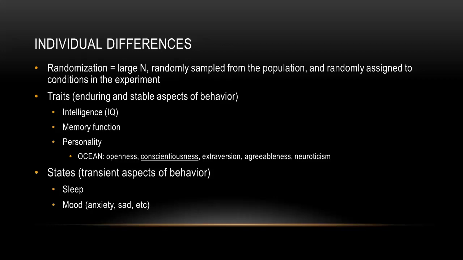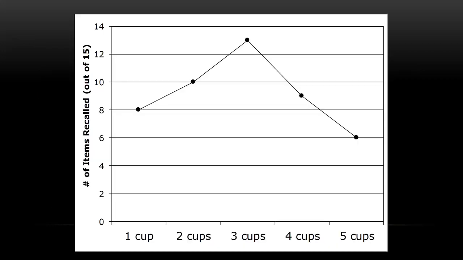If this difference right here of the 3-cup group being much larger than the others is considered statistically significant, what that allows us to conclude is that it's an improbable enough finding that, if it's really the case that there's no effect of caffeine, we would not be likely to observe this. So we're left to conclude that there probably is an effect of caffeine on memory performance.